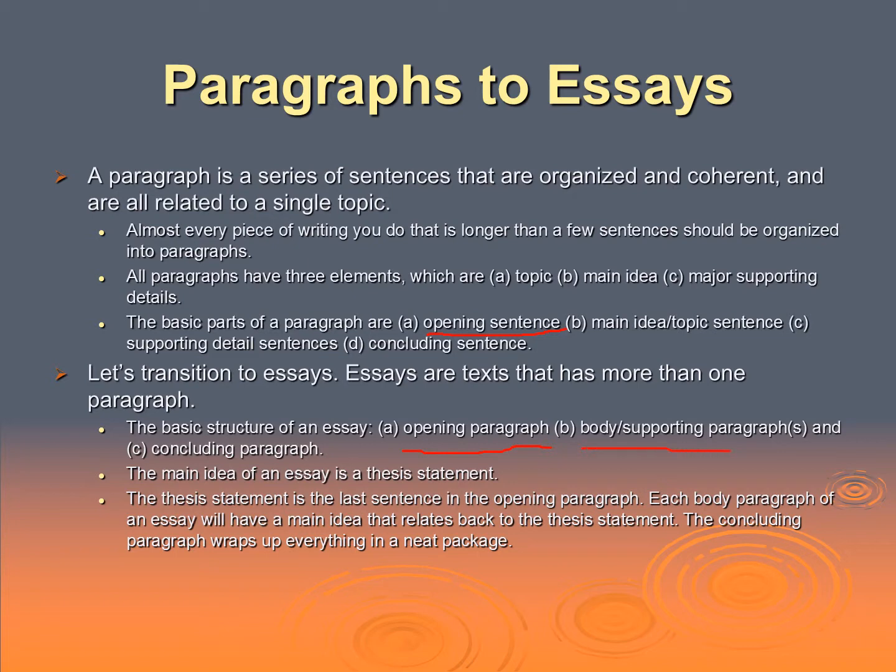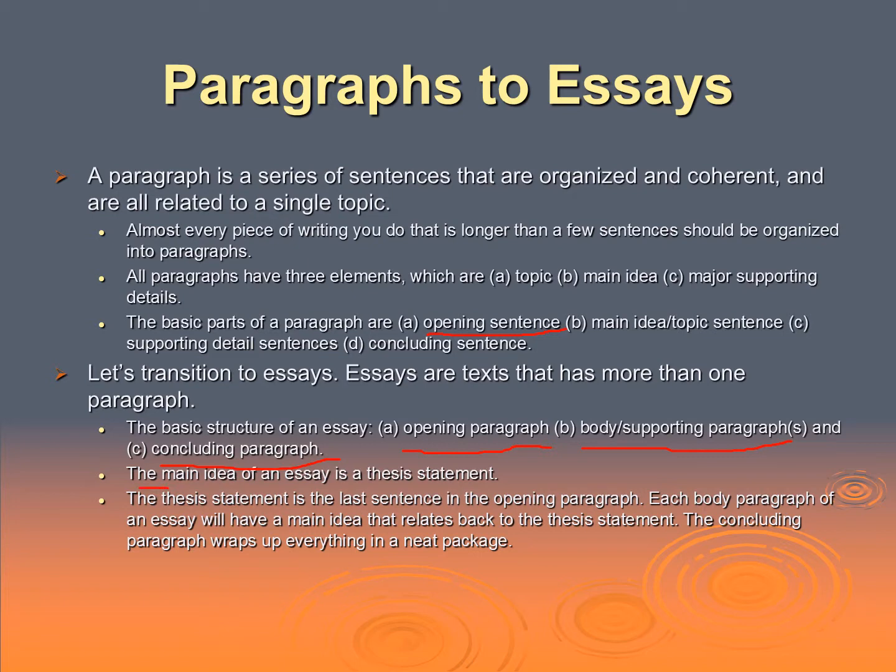Next, you have supporting paragraphs. These are also called body paragraphs. They support the thesis. Each body paragraph will have its own main idea, and that main idea sentence will always reflect back to the thesis statement. And then you have your concluding paragraph. For me, your paragraphs will consist of 5 to 12 sentences.